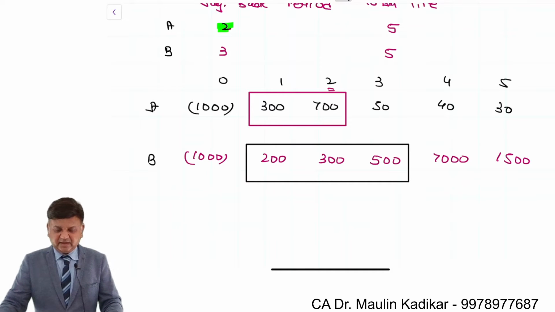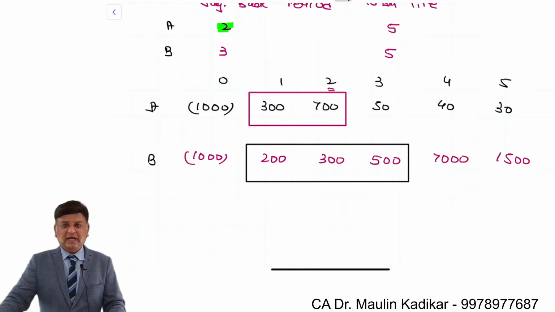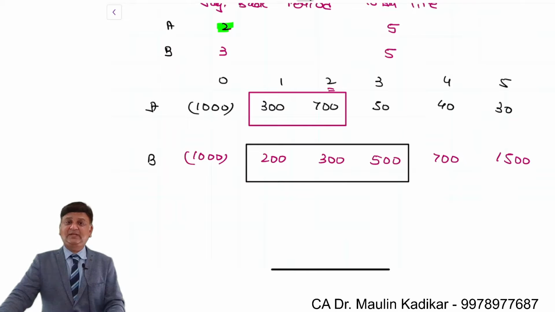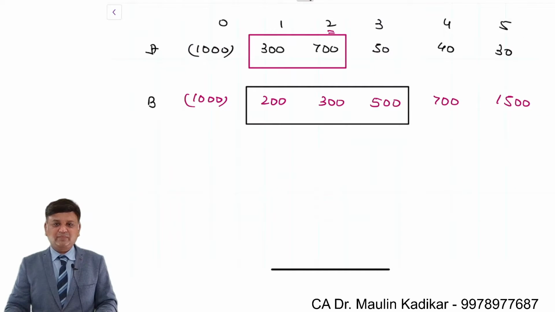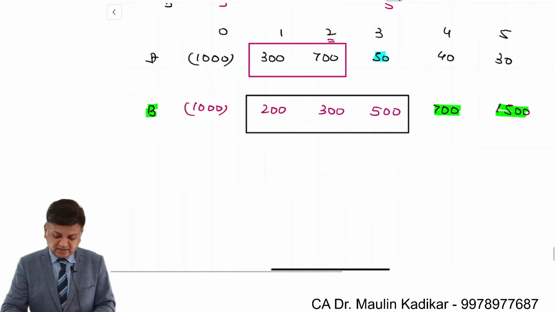Now anybody can recognize any apparent limitation that we have if at all we go with the payback period criteria for decision making. So we understand that over here the apparent limitation is that the cash flows generated by project B in the later years is substantially more than the cash flows of the project A in the later years.